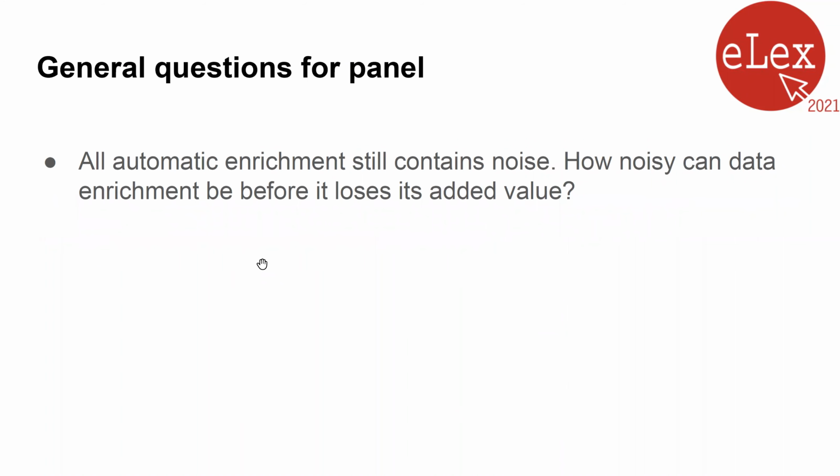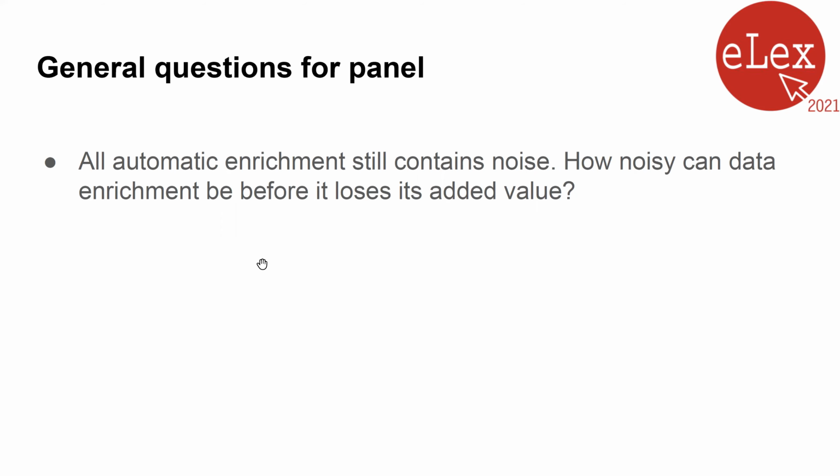Otherwise, I was thinking about a question that affects the whole data enrichment field. We all know that all automatic enrichment still contains noise, and of course we do checks against some gold standard usually, but often it's not clear whether something is noise or not.